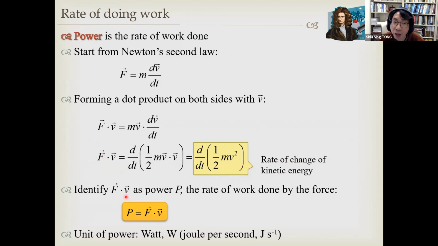So I identify the left-hand side F dot v as the power. The power is the rate of work done by the force. The unit of power is the watt, and a watt is just joules per second. So the instantaneous power delivered by a force can be calculated as F dot v. That is the idea.